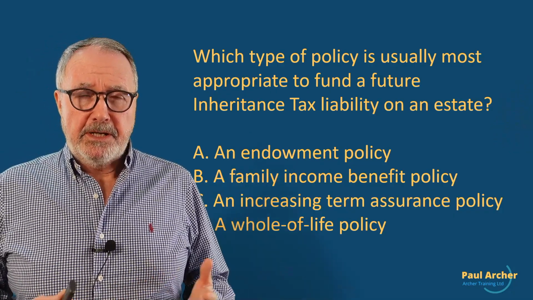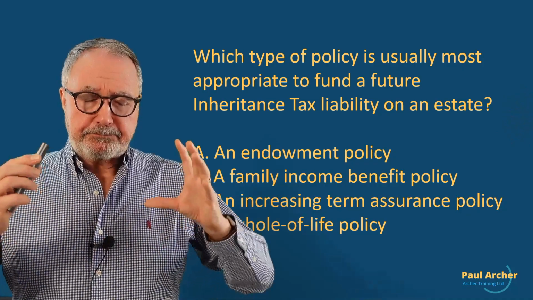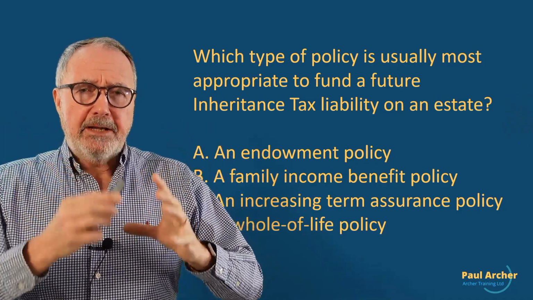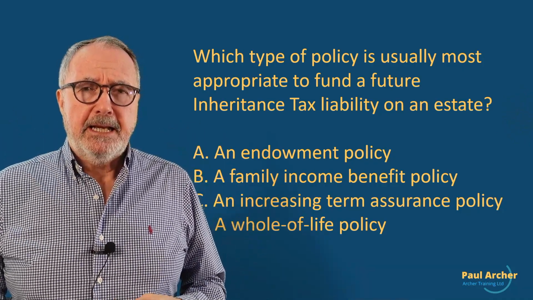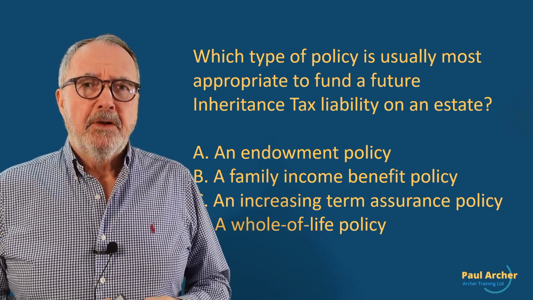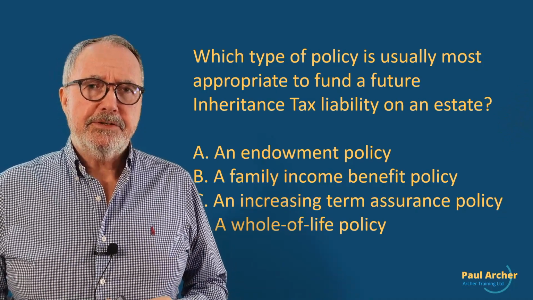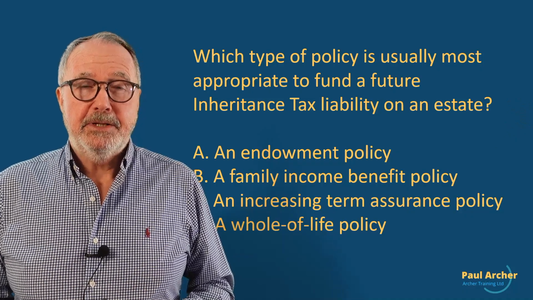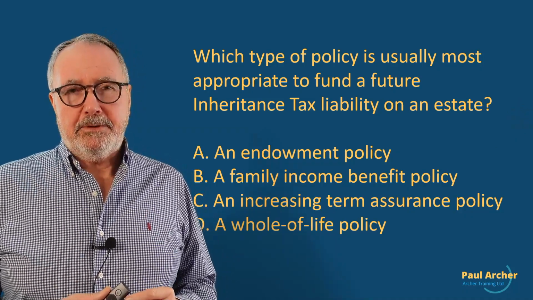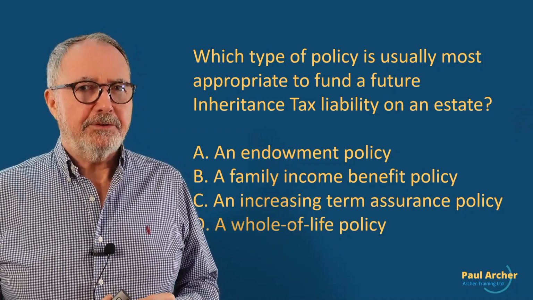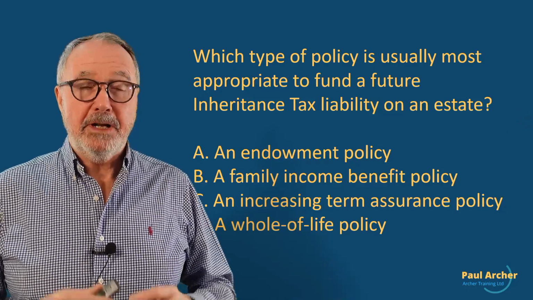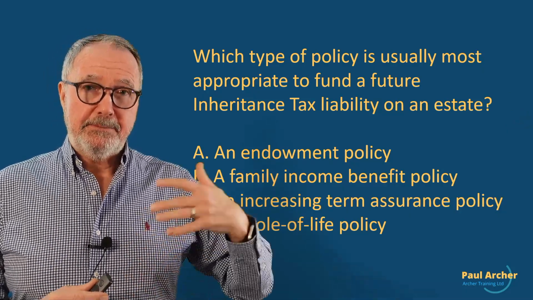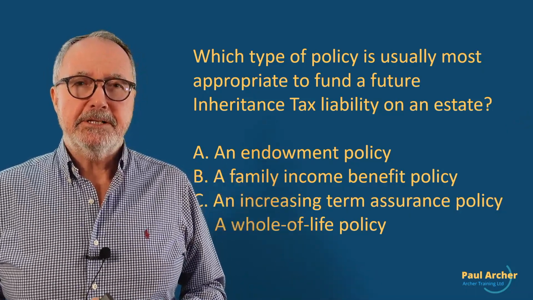In other words, when you die, your estate is then put together, collated, they work out the inheritance tax liability, and your executors, or the next of kin, effectively the beneficiaries of your estate, will have to pay a load of money to HMRC. So what people can do is effect a life assurance policy to pay out when you die, pays out to the beneficiaries, who then pay the inheritance tax.